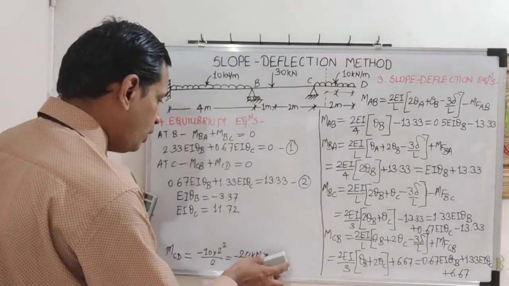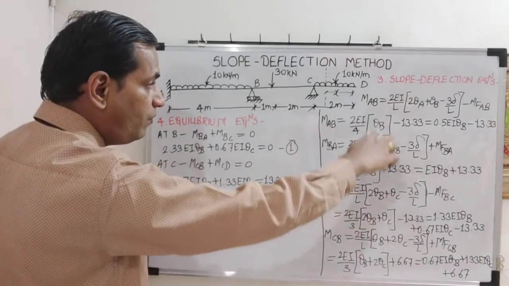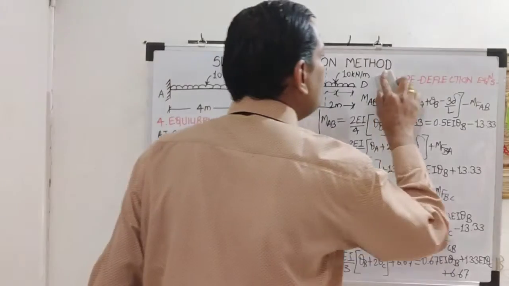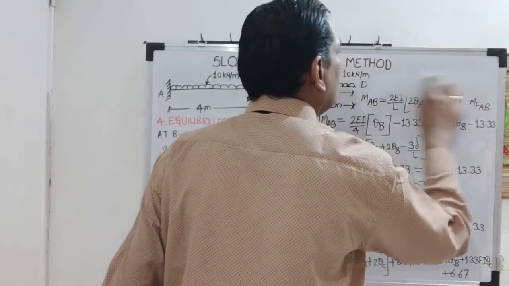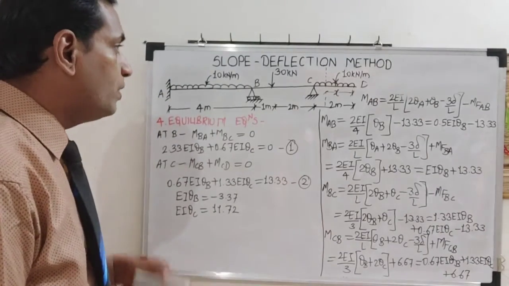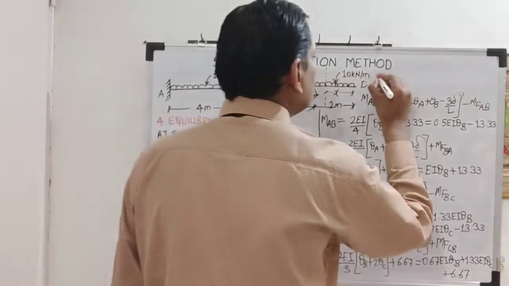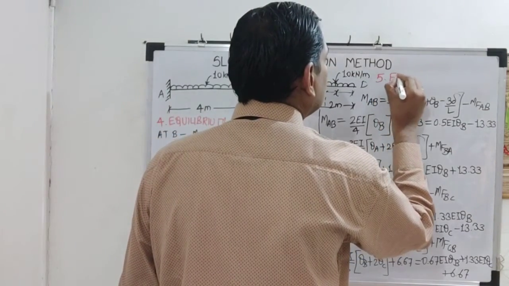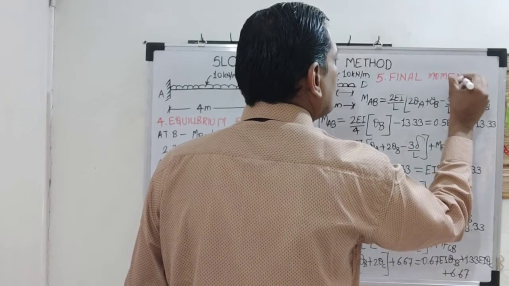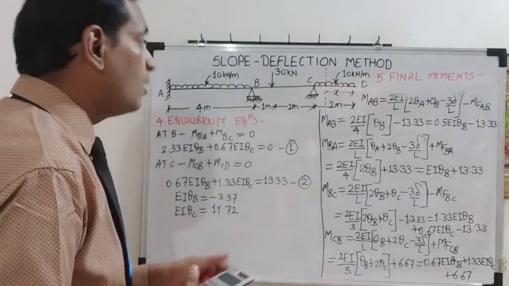Now we have to substitute these two values in these slope deflection equations, so we will get the final moments. So step number 5 will be final moments. Let us calculate now these final moments.